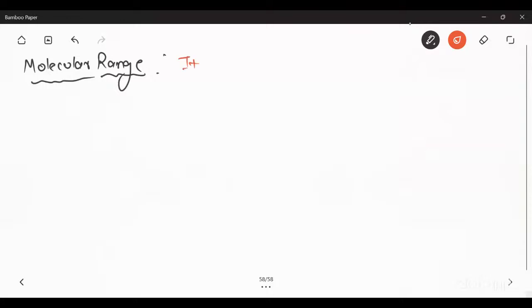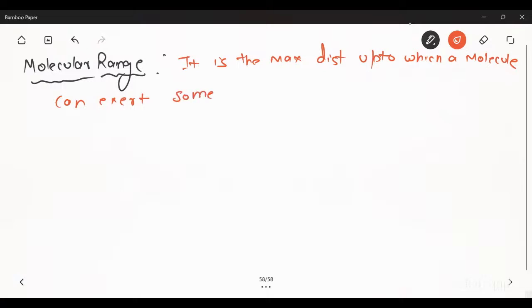It is the maximum distance up to which a molecule can exert some appreciable force of attraction on another molecule. Okay, that is not so important.